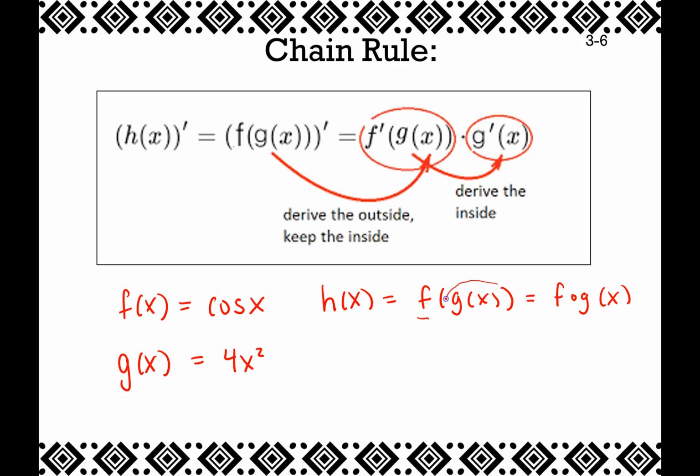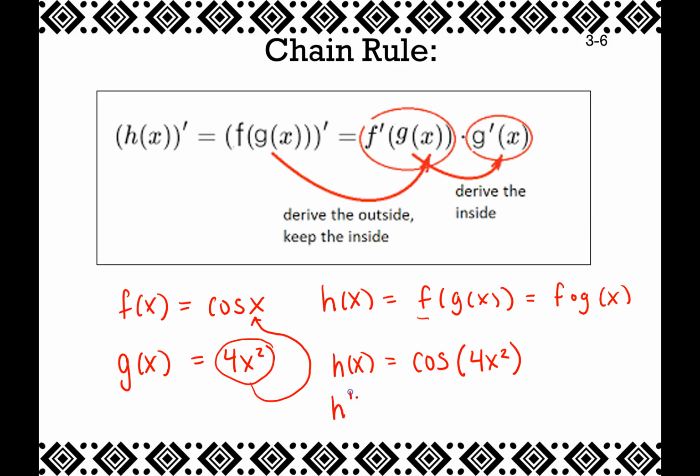I'm going to take g of x and put it inside of f, wherever I see an x. So my h of x is going to be equal to the cosine of 4x squared. This is absolutely a composition of functions.